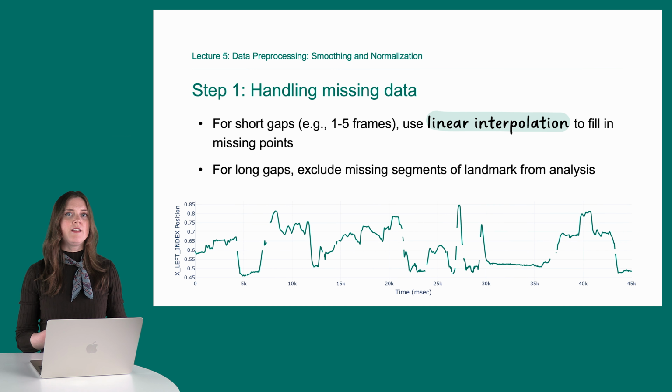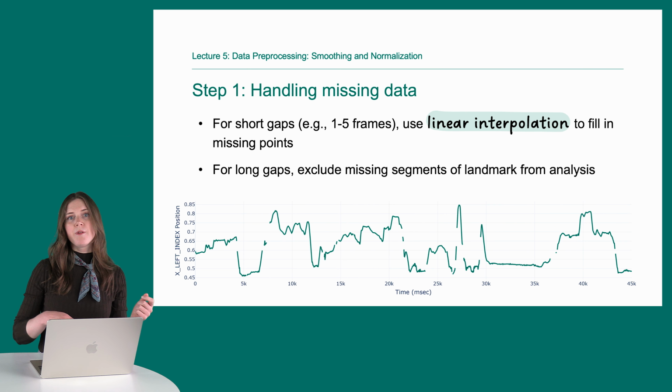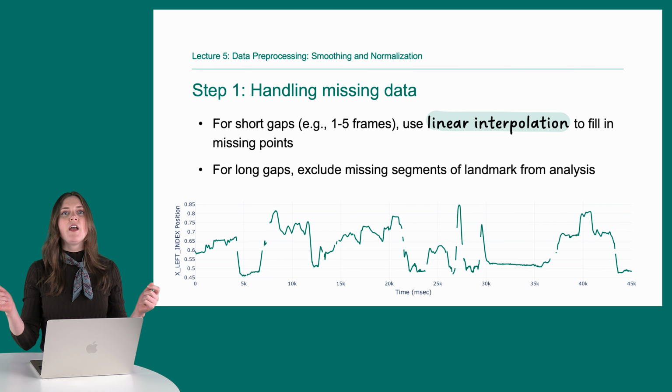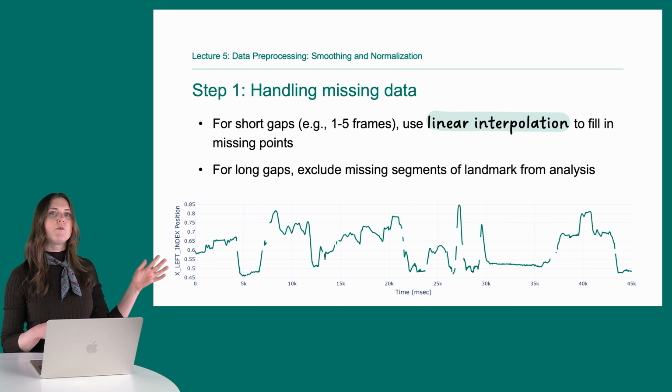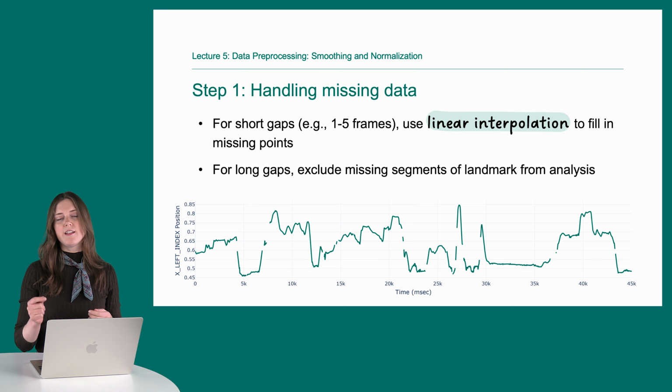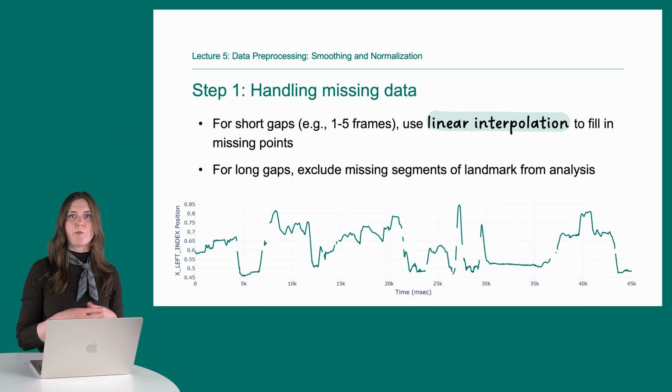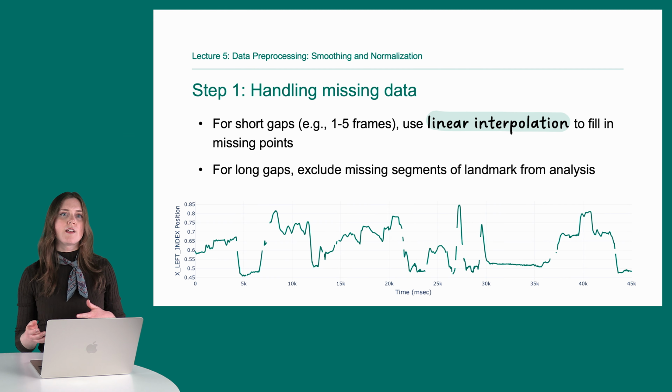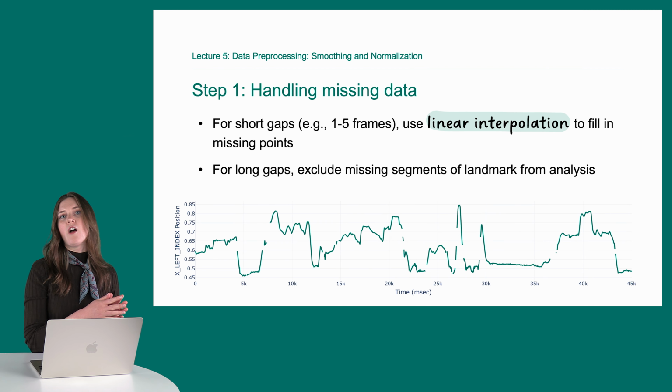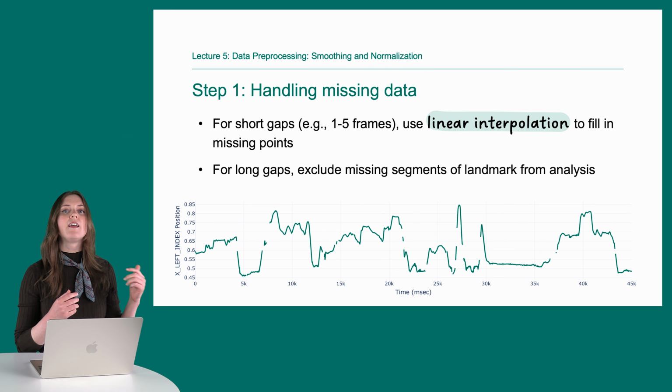Linear interpolation takes the value before the gap and the value after the gap and draws a straight line between them. So in this plot, you can see the motion tracking data for the right index finger before linear interpolation. The horizontal position of the finger is plotted on the y-axis, and time is plotted on the x-axis. And you'll notice that there are a few small gaps in the motion signal.